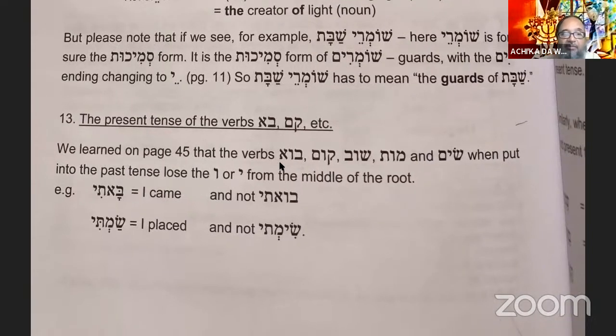And then of course, you've got your present tense of verbs in these two-letter roots. They're going to tell you that you learned on page 45 about what these were. And what does it mean? It means that these particular verbs, kum and ba, when they're fully written out, look like this.